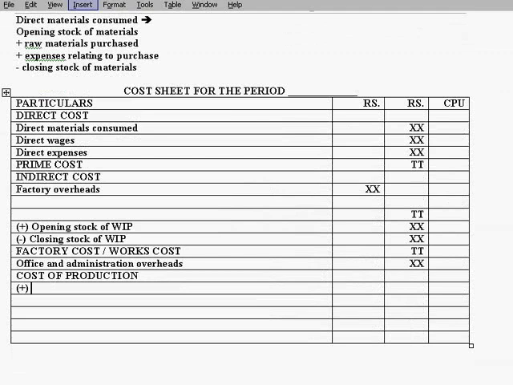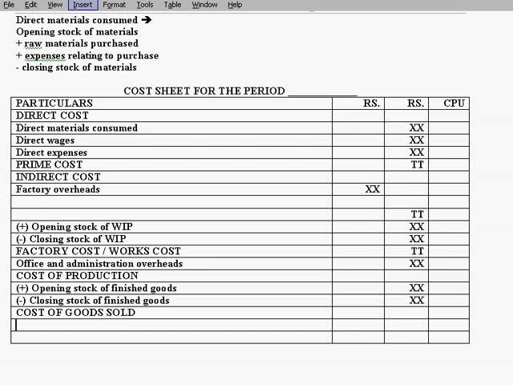Cost of goods sold. So here you add opening stock of finished goods, less closing stock of finished goods, and you will get what? Cost of goods sold.